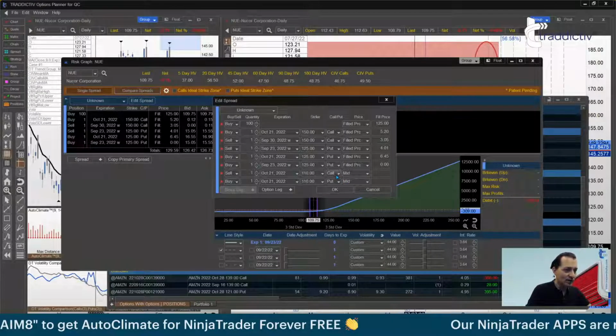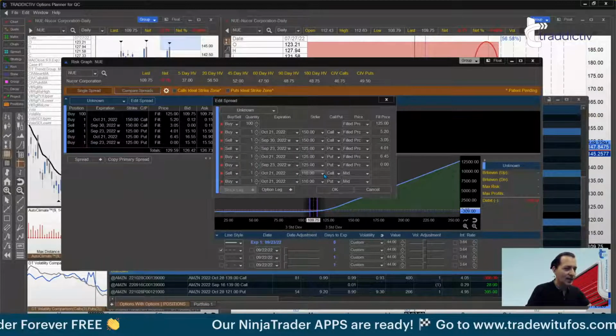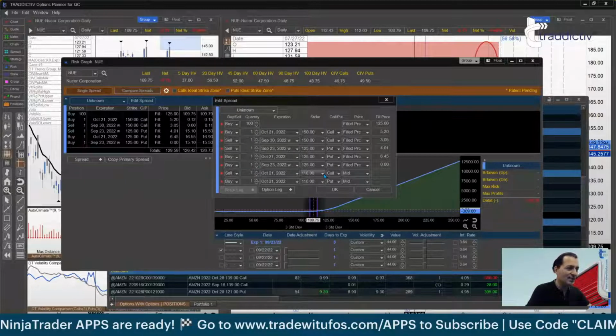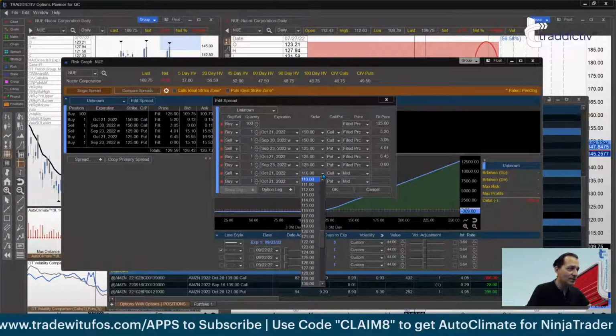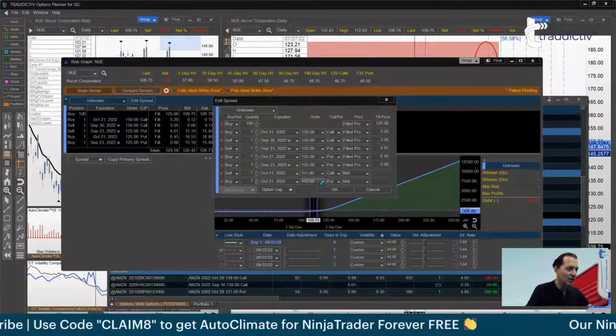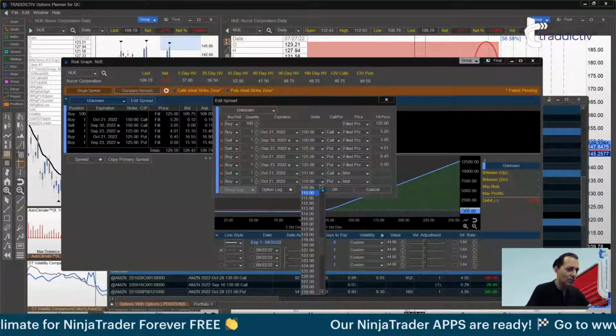So if your focus here, and this is a totally different conversation, was to be very, very stingy on adding more risk, maybe you're going to say, okay, the current price is 110, so I'll do the 111, and maybe I'm going to buy a put at 110, or 109.